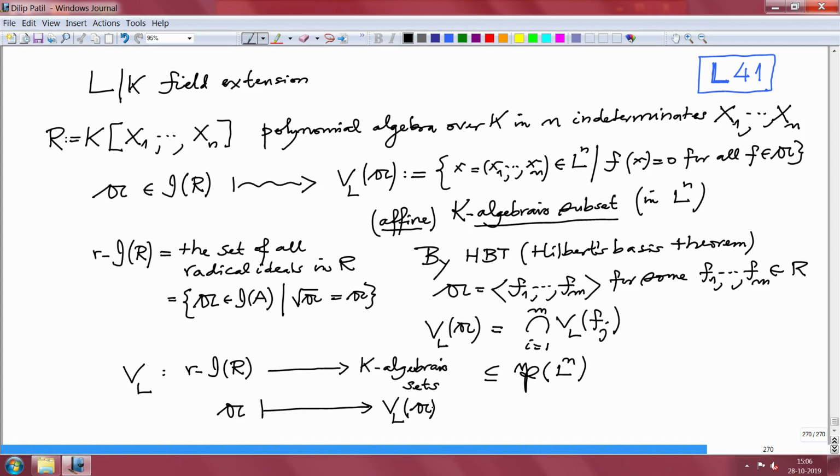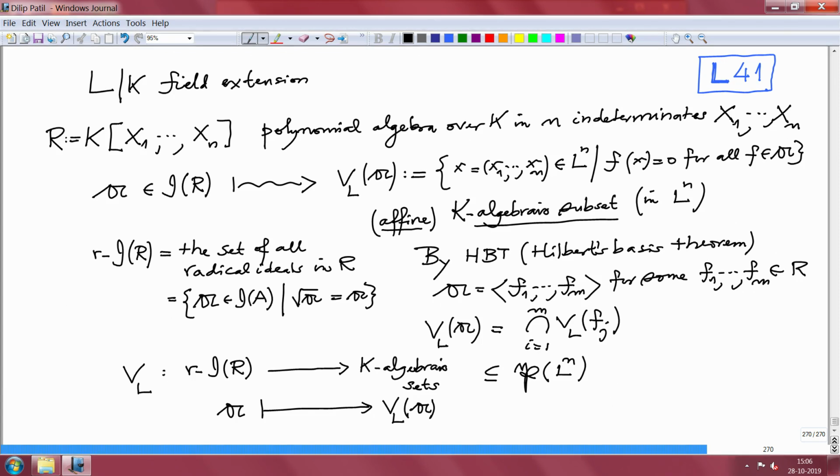In particular, we would like to give conditions so that this map is bijective, and that will allow us to study the geometry of the K-algebraic sets with the algebraic study of ideals in the polynomial algebra.